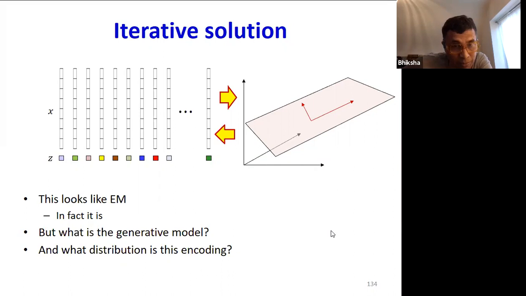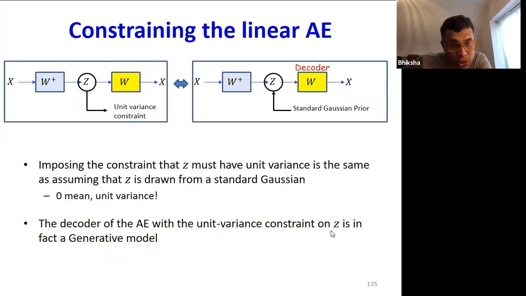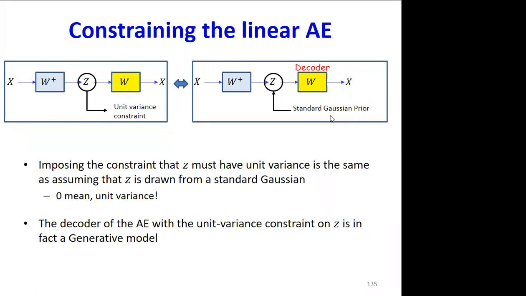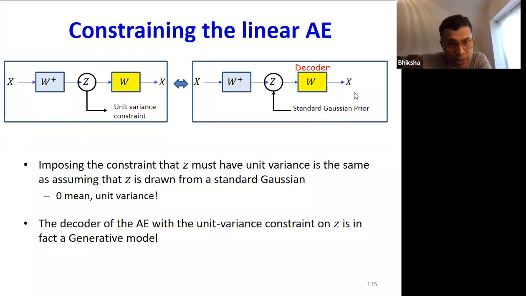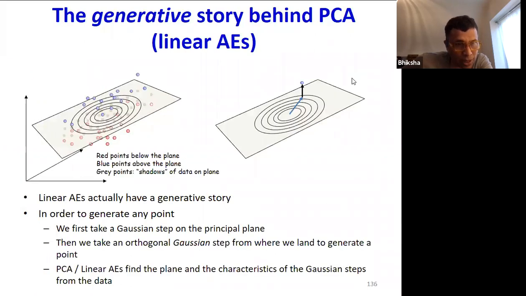But what is the generative model over here? What is the distribution it's encoding? Here's what we have. Imposing the constraint that Z must have unit variance is the same as assuming that Z is drawn from a standard Gaussian, right? And so the decoder of this is basically just a generative model. You're saying I'm drawing a data point from a standard Gaussian and putting it through the decoder to generate my new vector X. And so the generative model behind PCA is this.